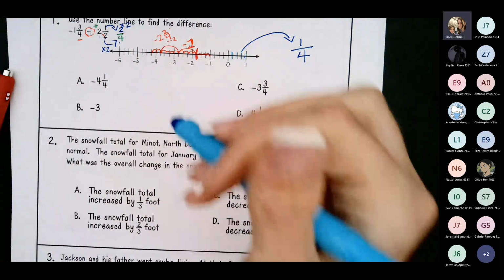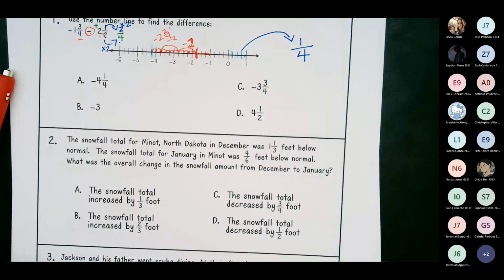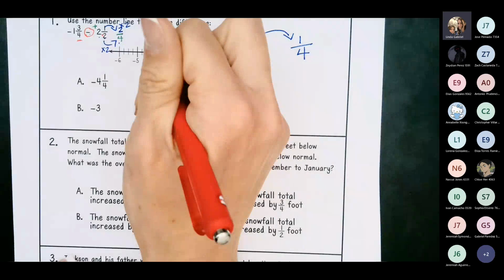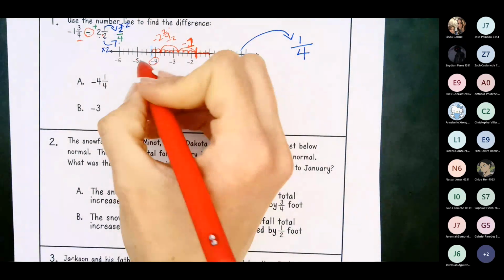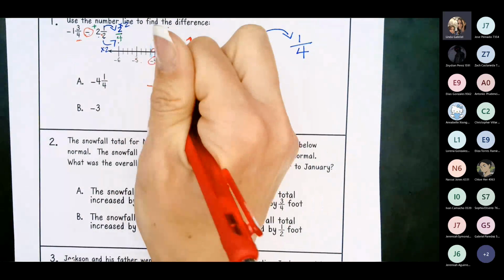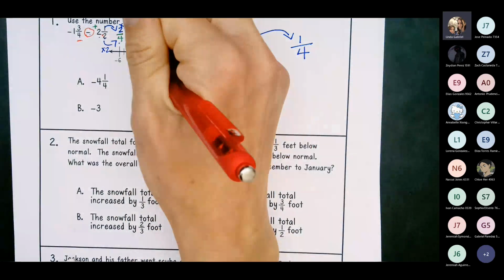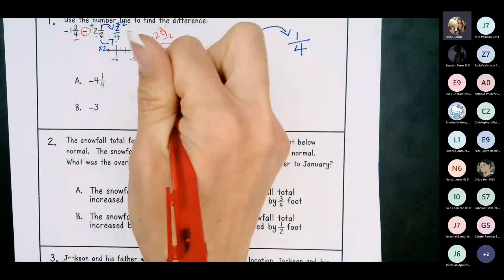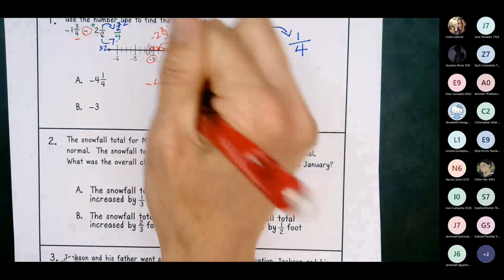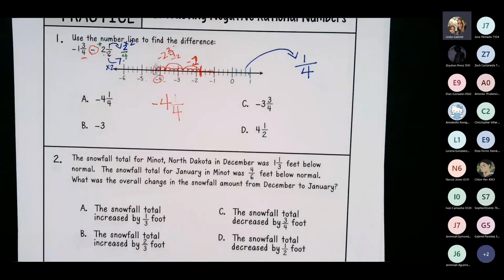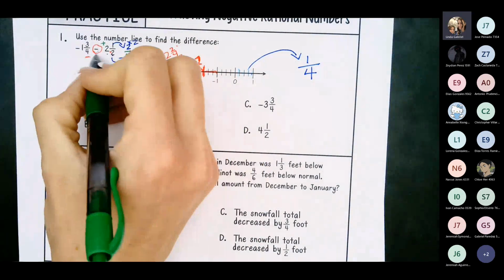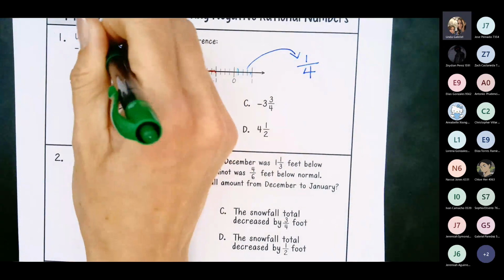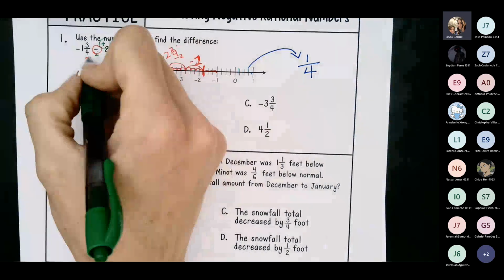I need to read my number line out from -4, right? In between -4 and -5. Not larger than -5. Here at this first line, I'm at -4, and so my answer to number 1 is actually going to be A, because I am subtracting a positive number. I didn't subtract a negative number.